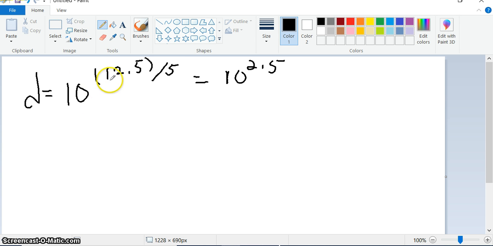All right, so I've worked this one out. 10 minus 2.5 plus 5 gives you 12.5, and then you divide it by 5, you get 10 to the 2.5.